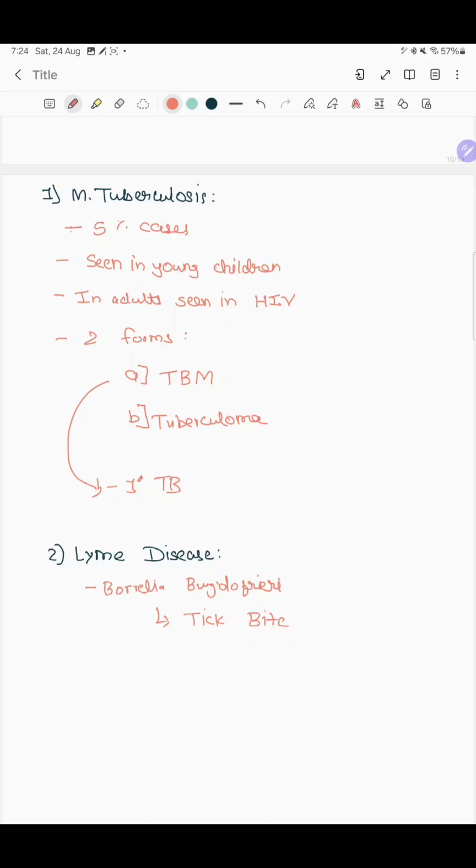The manifestations are mainly seen after weeks or even months. If the patient is left untreated, it can cause frank neurologic abnormalities. Now syphilis. In syphilis, it is seen in tertiary syphilis.